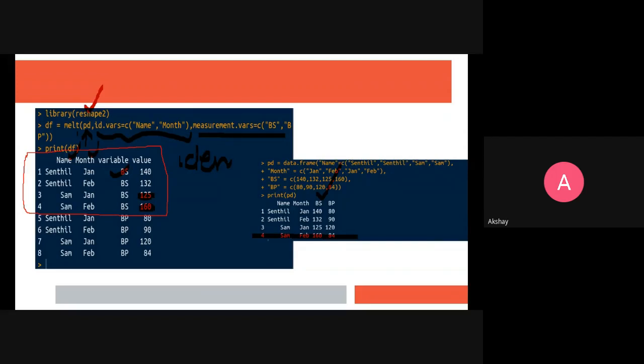And in the next section, we are just copying the same values, but instead of storing the blood sugar value, we will be storing the BP value. And this same column is copied here, 80, 90, 120 and 84. This one is 80 and this one is also 80. Like that we will copy.